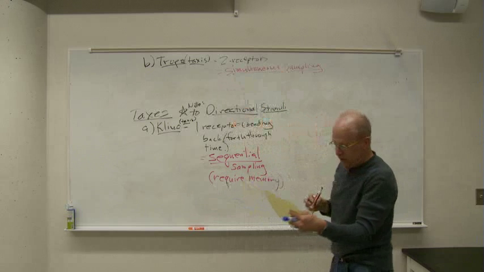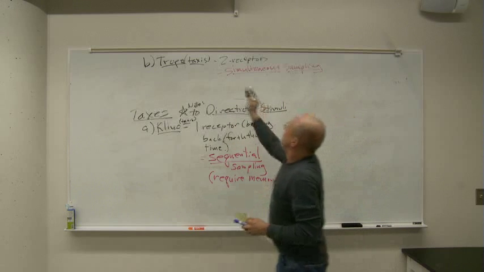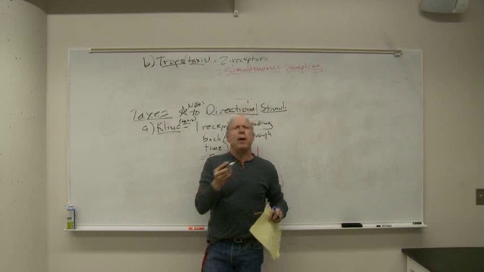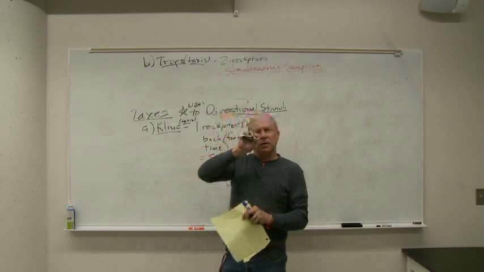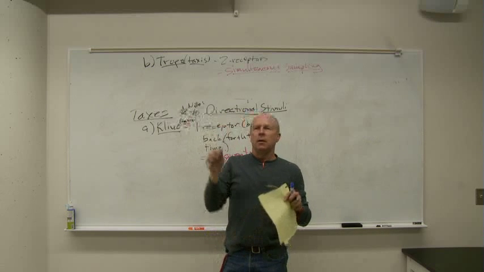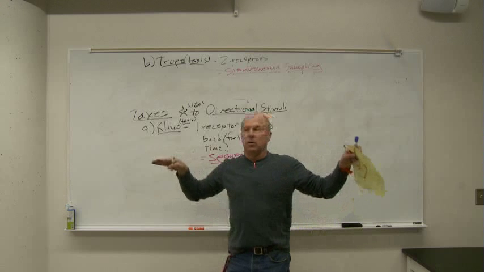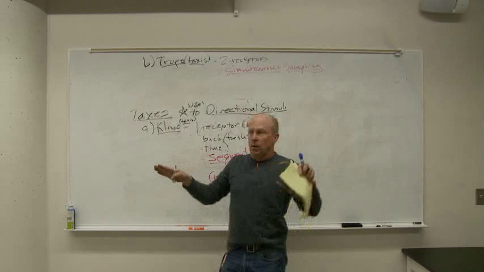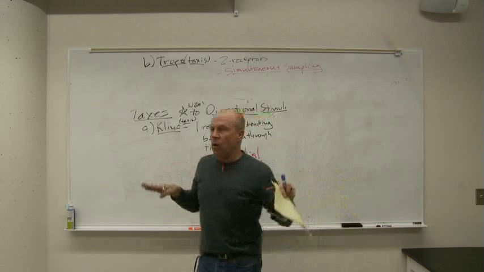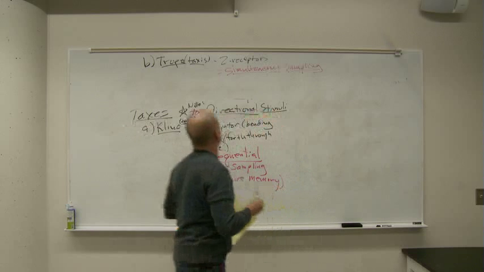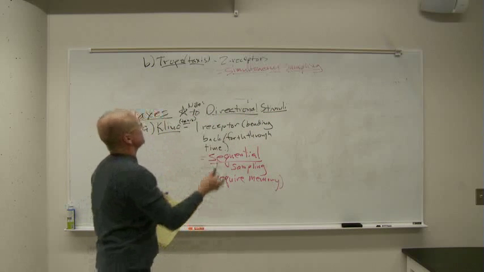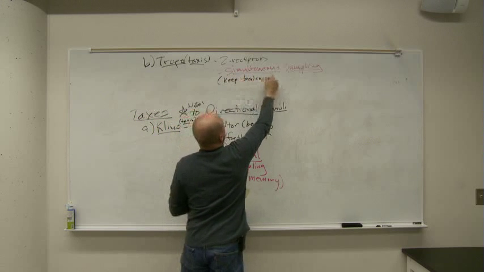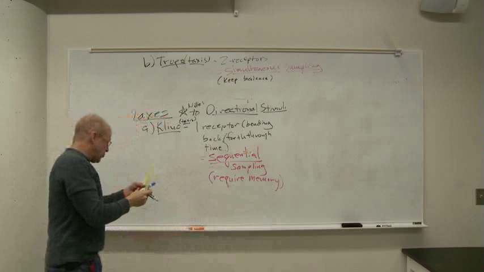So two receptors simultaneously receiving. And the general response here is to maintain balance. You can imagine an animal that is flying at a certain time of day and maintaining a particular balance between the left and right, for this bilaterally symmetrical animal, to keep a line. That's an idea of what tropotaxis is. So I should remind you that we tend to associate this with keeping a balance. And that's how tropotaxis is interpreted.